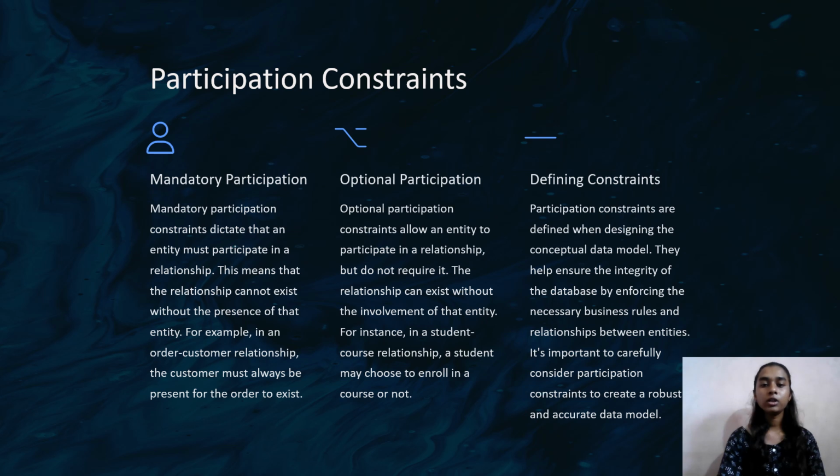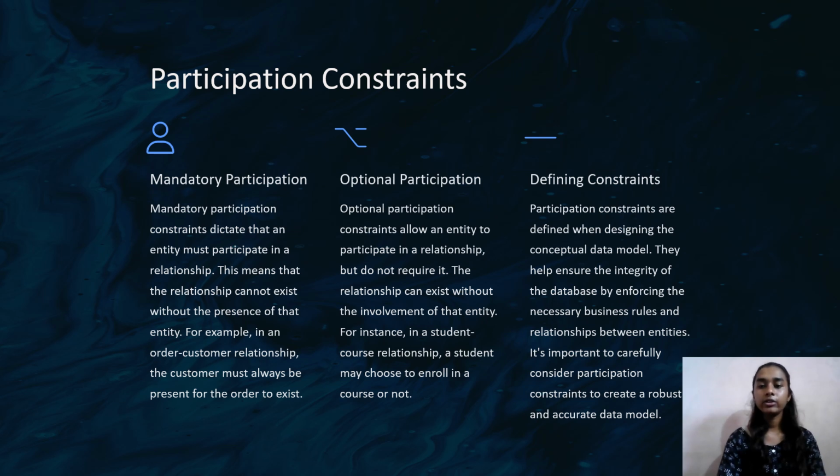Next is optional participation. Optional participation constraints allow an entity to participate in a relationship but do not require it. The relationship can exist without the involvement of that entity. For instance, in a student course relationship, a student may choose to enroll in a course or not.